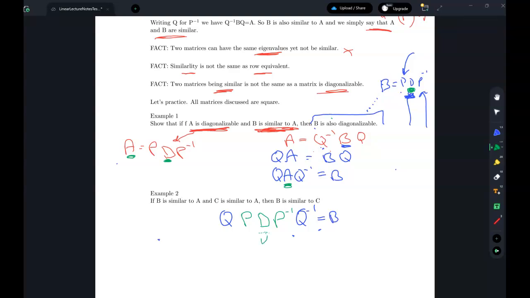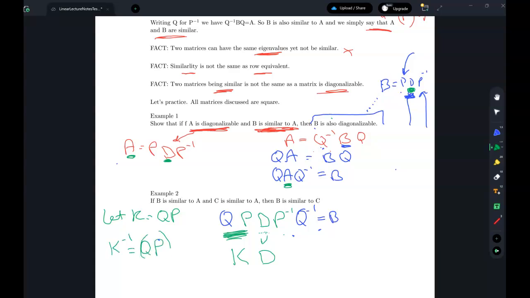So I need to have a matrix, D, and then times the inverse of the matrix. I know, how about if I let, let's just pick a different letter, K equal QP? So if I let K equal QP, that would give me K, and then carry along the D. Oh, and what is K inverse?